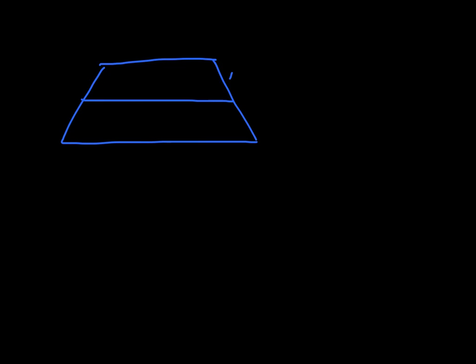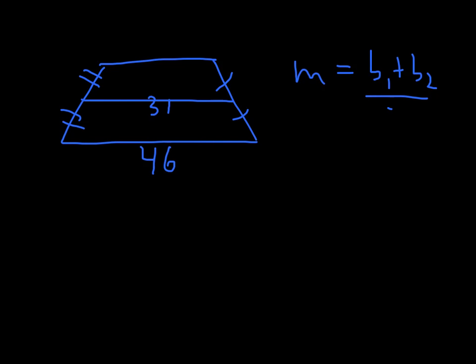So for me, anytime I have a median in a trapezoid and I have two numerical values, one being the bottom or top base and the median, we could solve it by that formula, m equals b1 plus b2 divided by 2, or the alternative formula of 2m equals b1 plus b2.